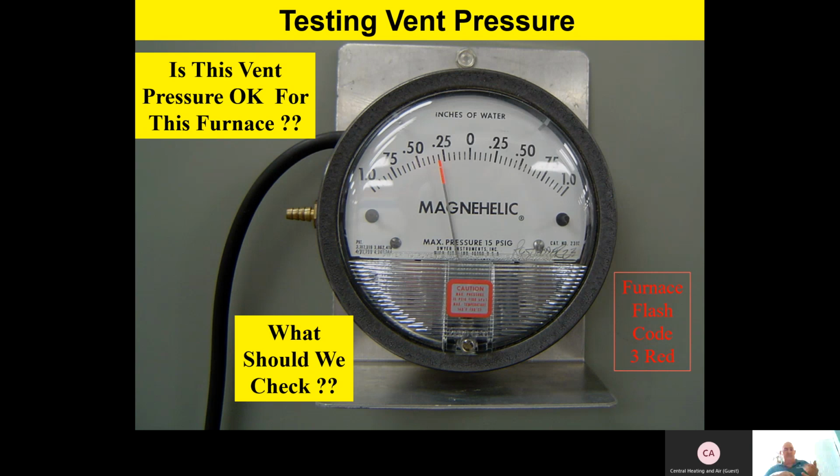The vent pipe is obstructed, the induced draft blower is degrading or just wearing out, or you might have some debris in that vent pipe. And if it's a brand new installation, it could be the wrong size vent pipe, or maybe the vent pipe is too long. And then finally, if this unit's been in service for a while, it could be a cracked heat exchanger, which is the most unlikely thing, but that's all part of your vent safety.